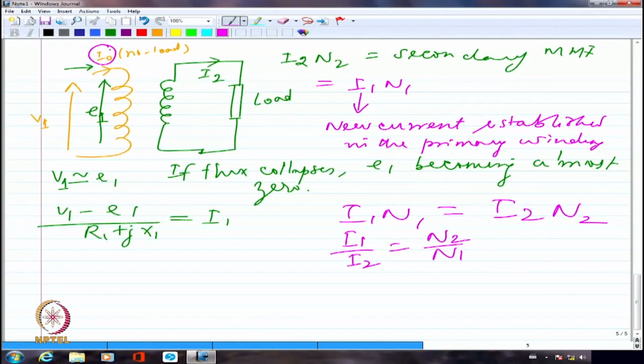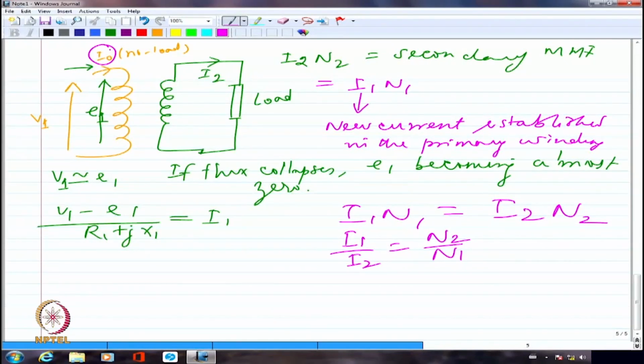See, we have I2 N2 as the secondary ampere turns which were trying to kill the primary or originally established flux. Now, the primary is bouncing back. It is not allowing the flux to be killed. So it is again circulating a current corresponding to I1.